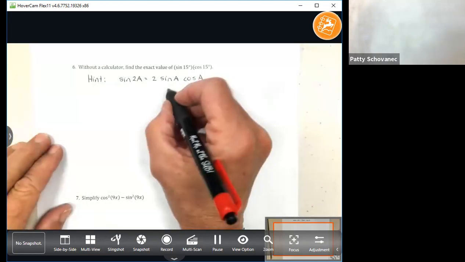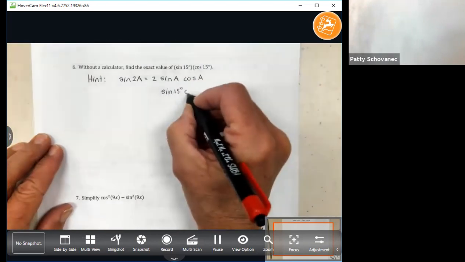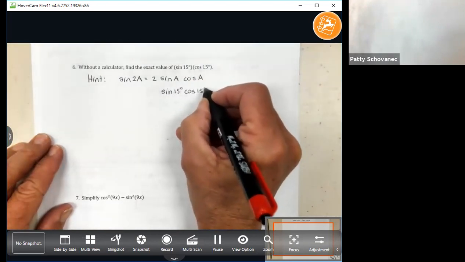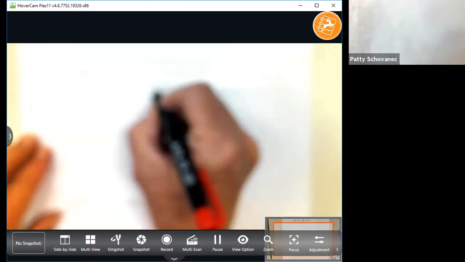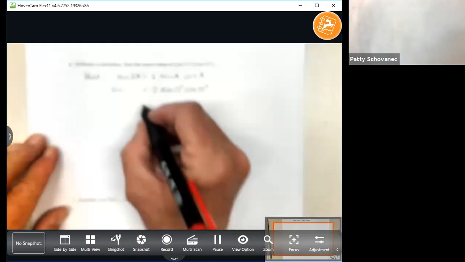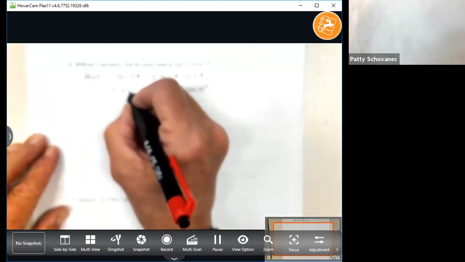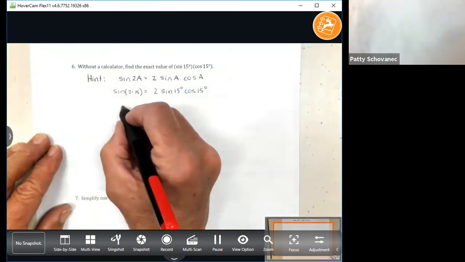So if I put the sine of 15 degrees here and the cosine of 15 degrees here, with this 2 in front of it, that should be equal to the sine of 2 times 15 degrees. And 2 times 15 is 30.